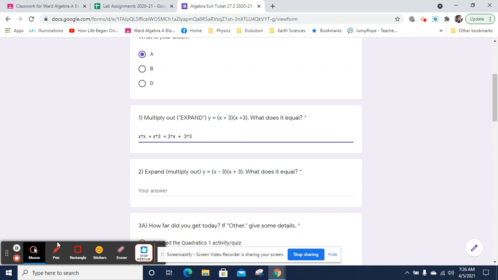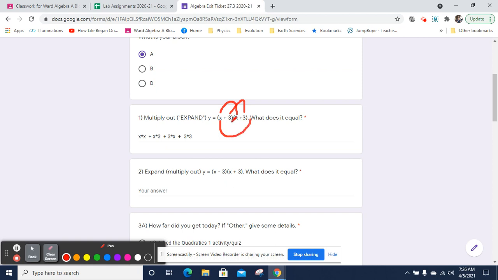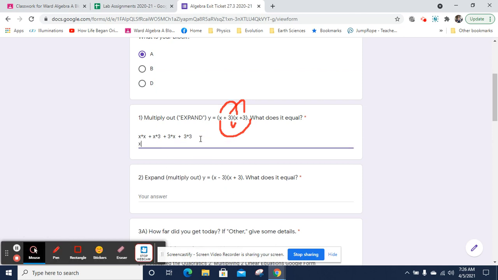And what I'm doing, of course, is x times x, and 3 times 3, but then x times 3 and 3 times x, which are actually both the same thing. So I'm going to have x squared plus 3x plus 3x plus 9.